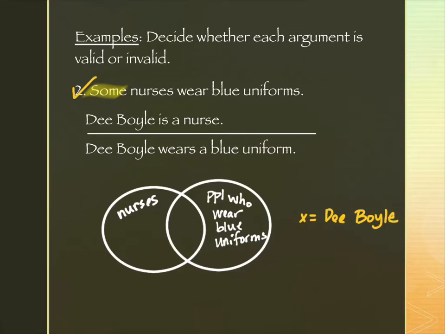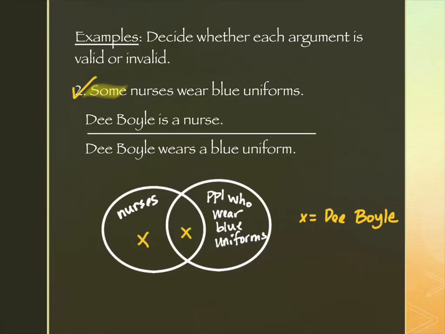Okay, everybody good with that? Okay. So it tells us that D. Boyle is a nurse. So where could D. Boyle's X end up being located? Anywhere inside the nurse's circle. So Isabella, here is good, and here is good, right? Yeah.